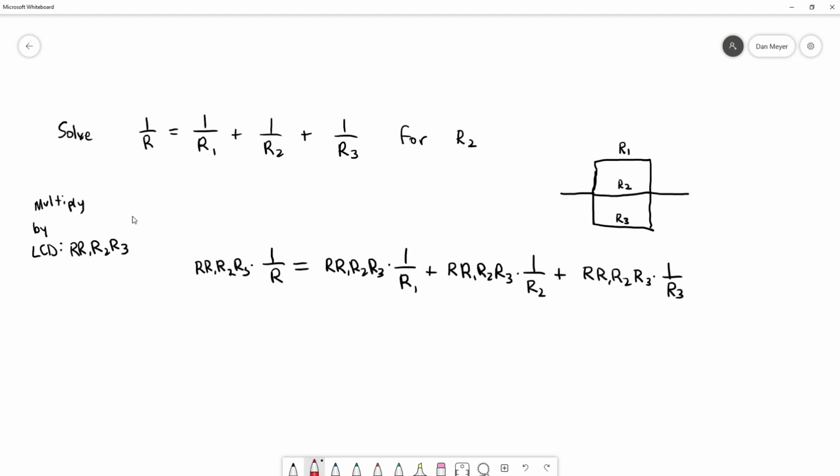And there's lots of cancellation that happens. I can cancel an R here, an R1 there, an R2 there, and an R3 there. And we're left with R1 R2 R3 equal to R R2 R3 plus R R1 R3 plus R R1 R2.